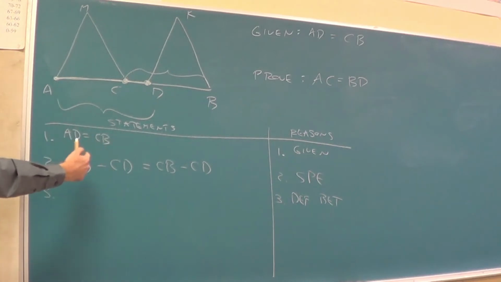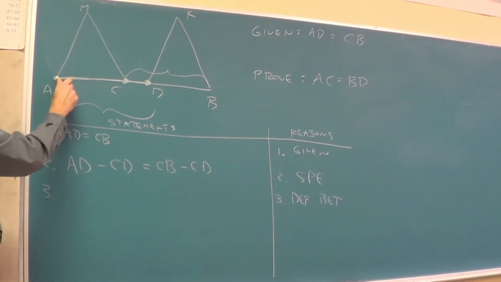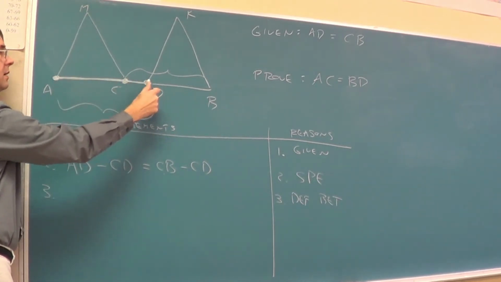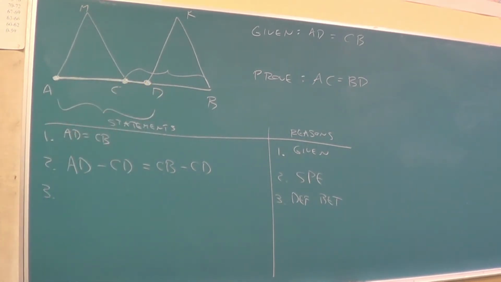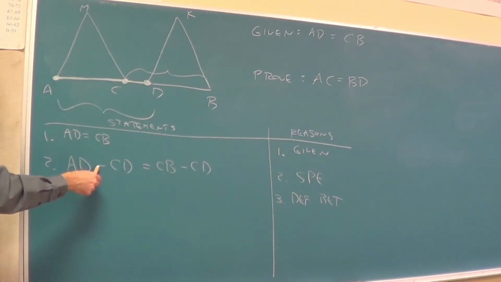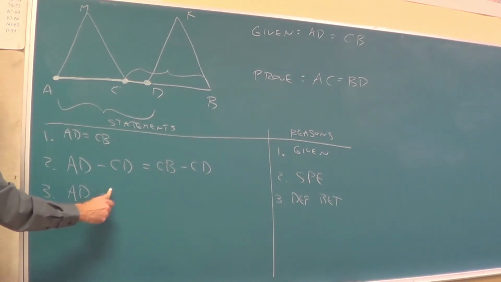Well, let's try to tie in what we were doing before. What are you used to doing for definition of between? If I asked you to do definition of between with this super highlighted picture, what would be your lean? AC plus CD equals AD is the normal way we do that. However, we don't want to do this as an adding problem. We'd rather get ourselves a subtraction problem. So let's look at the picture and think AD minus CD.